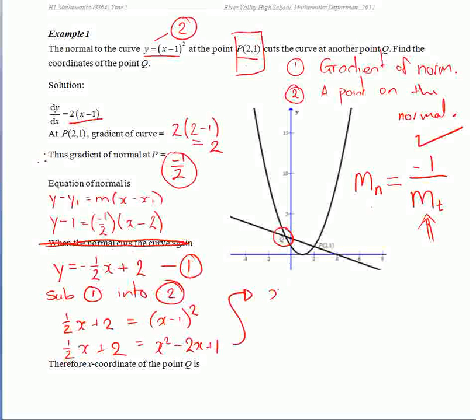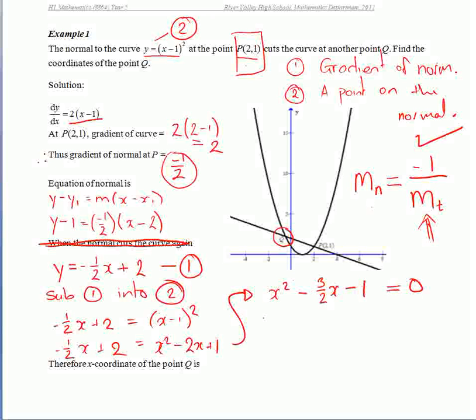So, rearranging, we get x squared minus 3/2 x minus 1 is equal to 0.